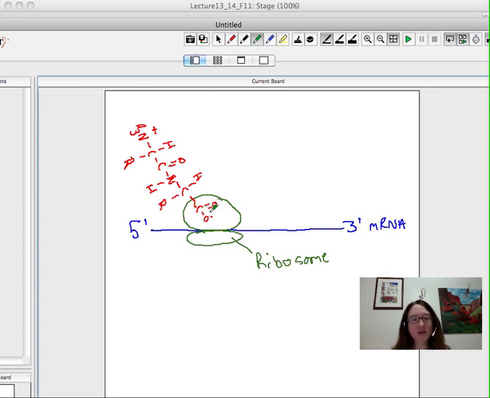The carboxyl terminus is always inside of the ribosome, the 50S subunit, where it's getting new amino acids added onto it, which means that the first terminus to appear out of the top of the ribosome is actually the amino terminus. This helps with a little bit of a visual of what's going on there.